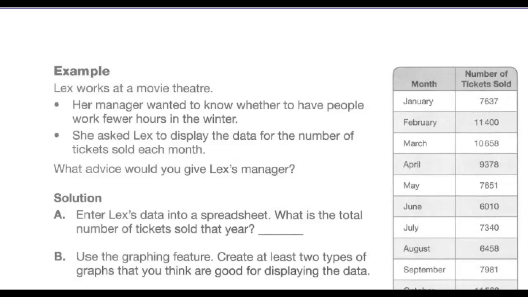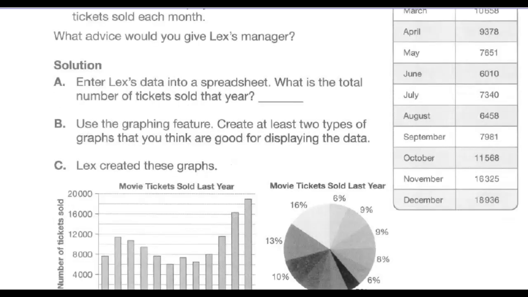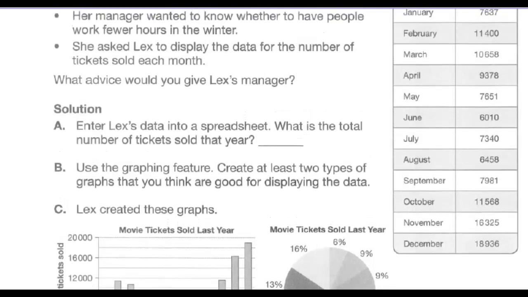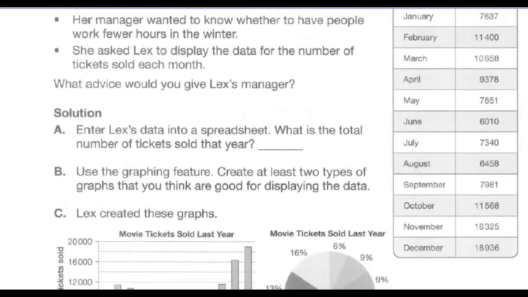So solution, enter Lex's data into a spreadsheet. What is the total number of tickets sold that year? So again, we don't have to, because if you look below, there are some charts or graphs given to you, but let's total the values up just in our calculator.